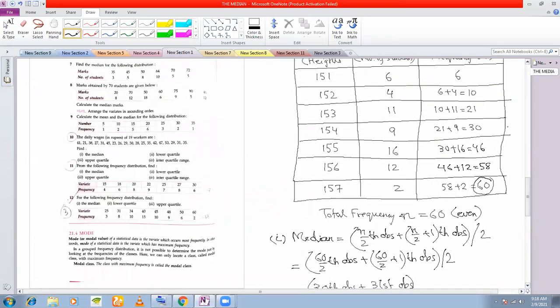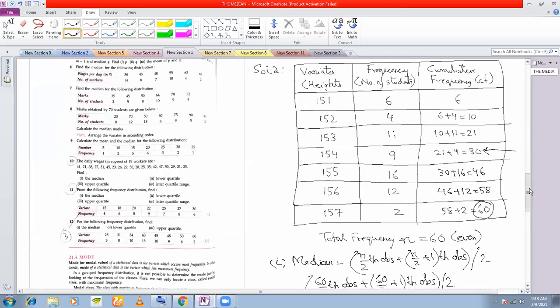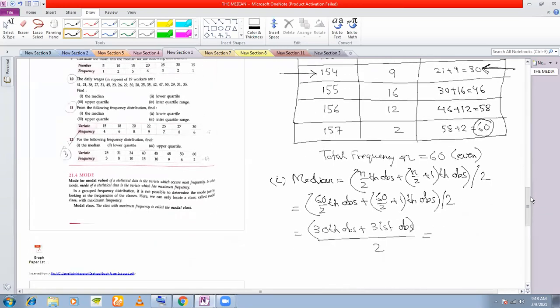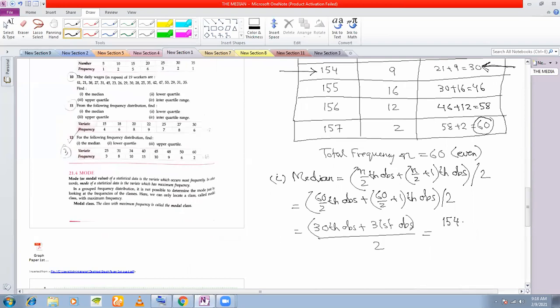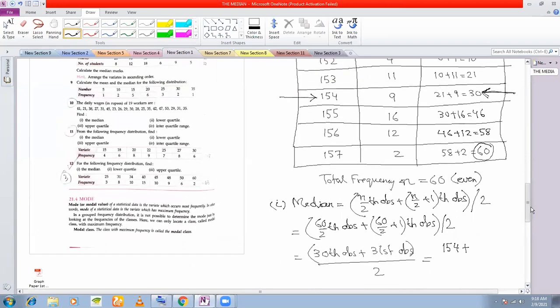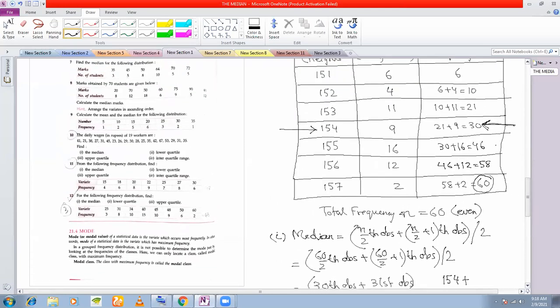Now let's see which one is the 30th and which one is the 31st observation. If you look at the table, this is the 30th observation. You need to look at the cumulative frequencies column. The 30th observation is 154. So we write the 30th observation as 154 plus. Now we need to locate the 31st observation. 31 lies between 30 and 46, so the 31st observation must lie after your 154.